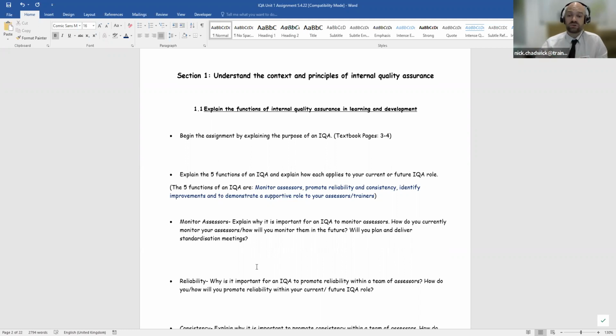You can, of course, use other textbooks, websites, journals, especially from your own field as well. Do feel free to include any photos, any images to demonstrate your current or future IQA role. So we do like to hear lots of examples as well. You can write in the first or the third person. That is absolutely fine as well.